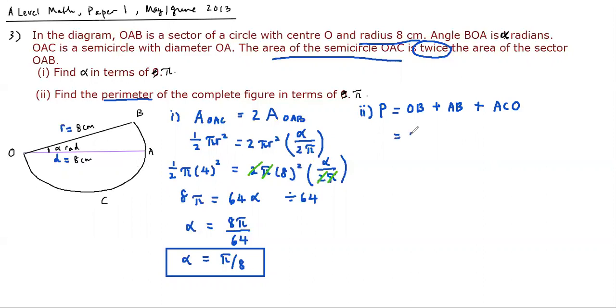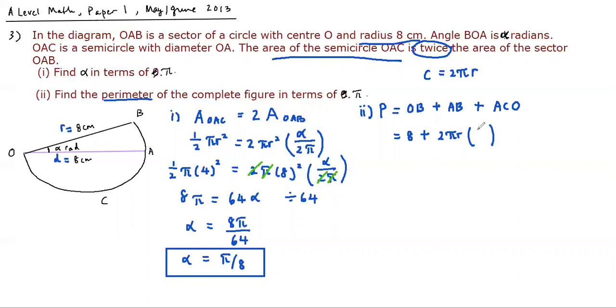Now OB is obviously given by 8 here, and AB is the circumference of a sector of a circle. The circumference of a circle is given by 2 pi r. So for this case, you have 2 pi r, and then you multiply by alpha over 2 pi.